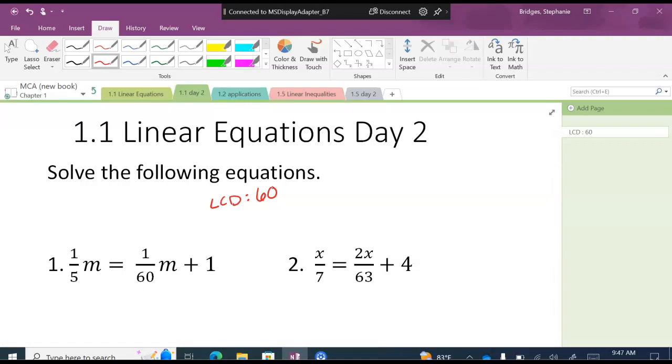Now, one thing I want to talk about is, I'm going to use this as an example right here. When we talk about terms in an equation, a lot of people get confused with that. Terms are separated by plus signs, minus signs, and equal signs. So if I'm looking at this up here, do you guys want to guess how many terms there are?